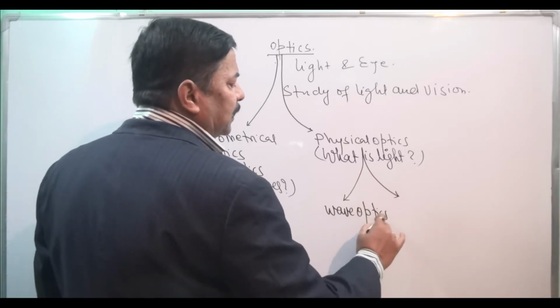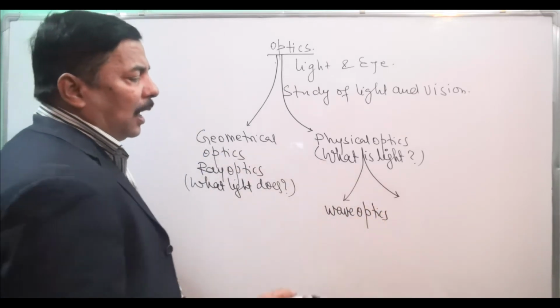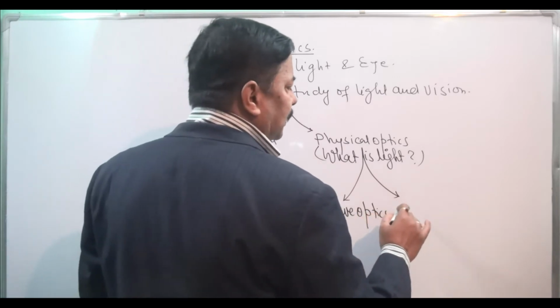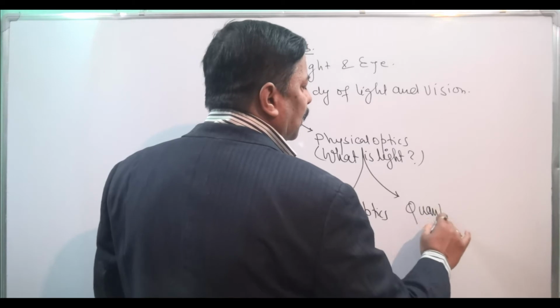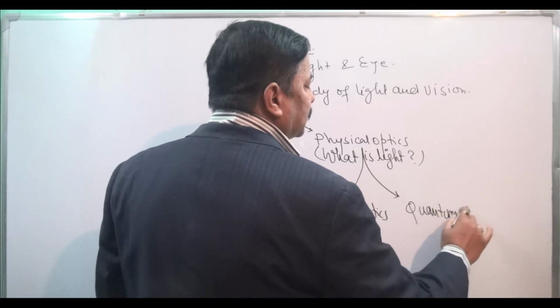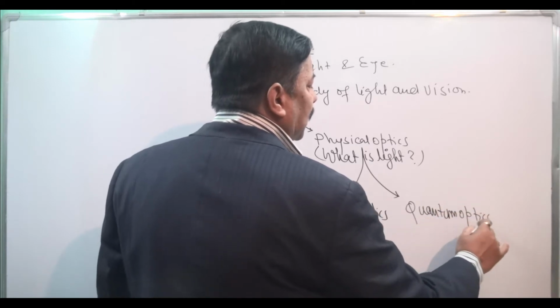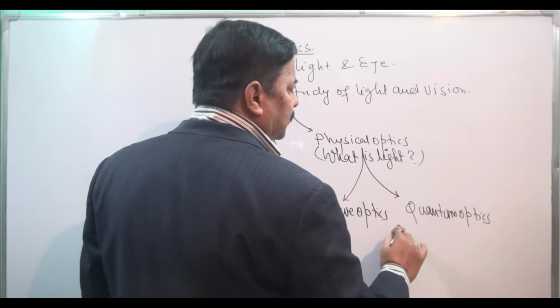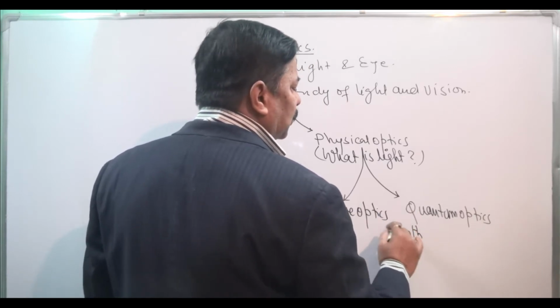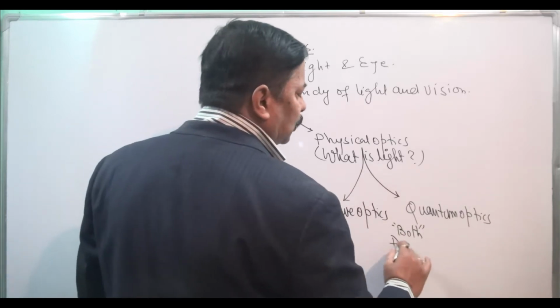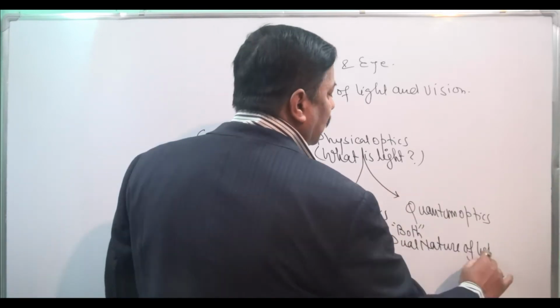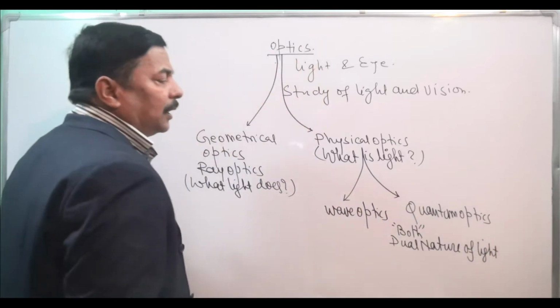When it is treated as a particle, then it is called quantum optics. And some scientists treat it as both. So here comes the dual nature of light.